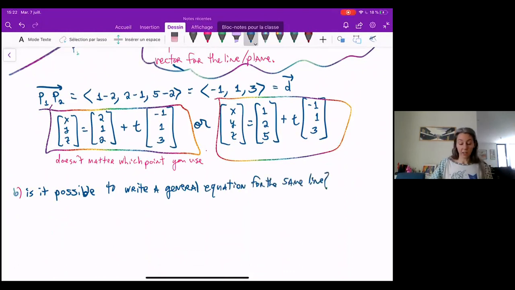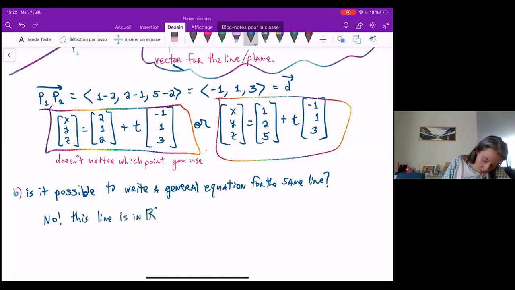And this is an easy answer. If you had to guess, what would you guess? Hopefully you're saying no. The answer here is no, because this line is in R3. And we have said that general equations for lines can only be used to describe lines in R2.